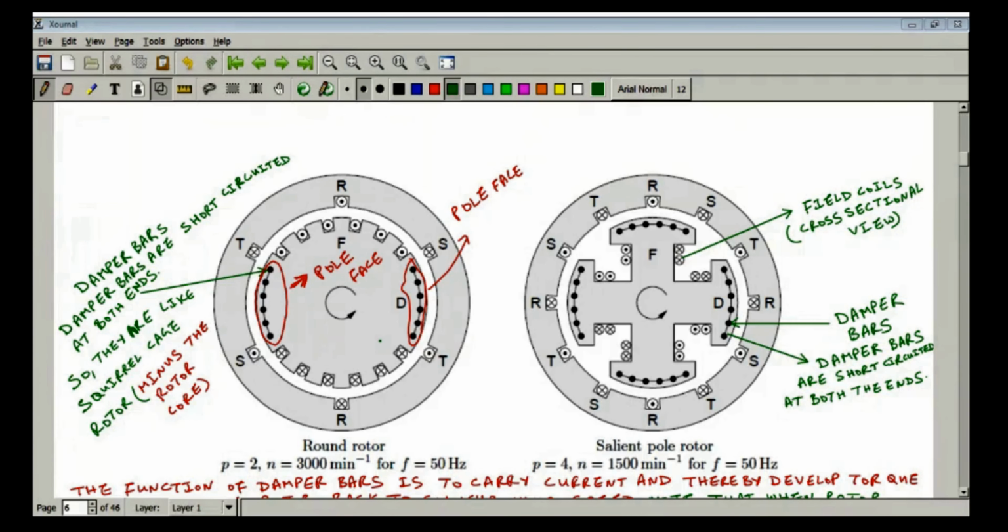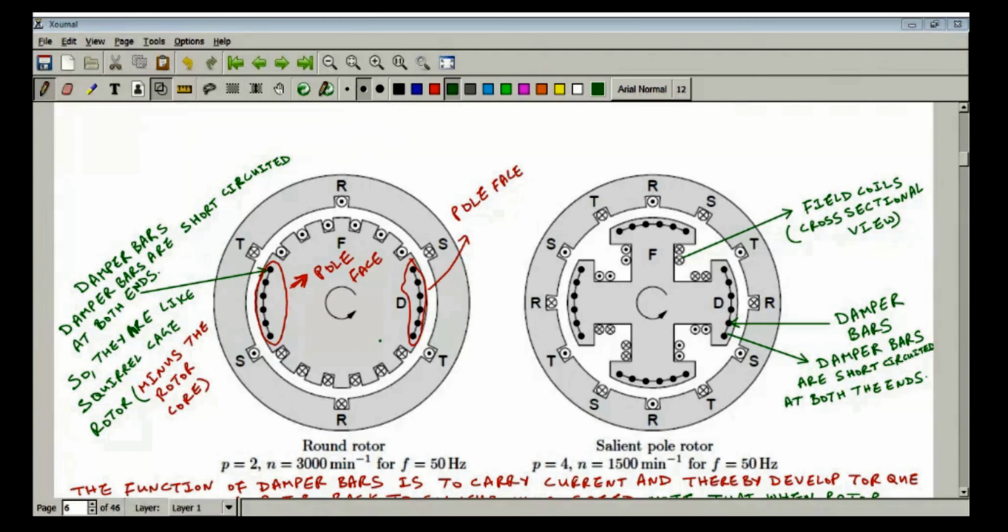Yes, in motoring mode, you will have the problem of self-starting. Self-starting means that at the time of starting, the developed torque will be zero. When the rotor speed is zero, the developed torque is also zero.